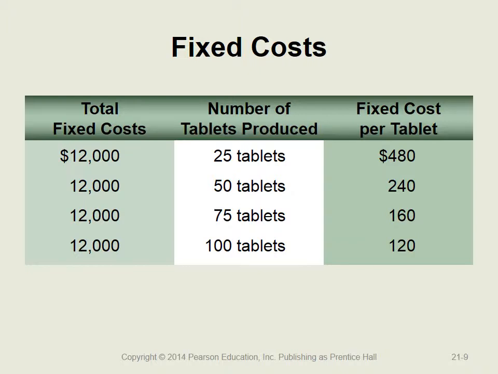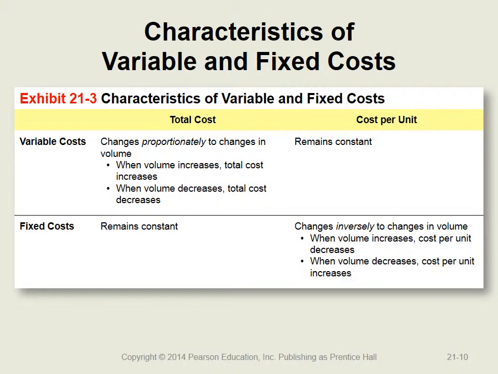This is the $12,000 total fixed cost divided by 50 tablets. Therefore, the fixed cost per tablet is inversely proportional to the number of tablets. In other words, as the number of tablets increases, the fixed cost per tablet decreases. Exhibit 21.3 provides a summary of the characteristics of variable compared to fixed costs.